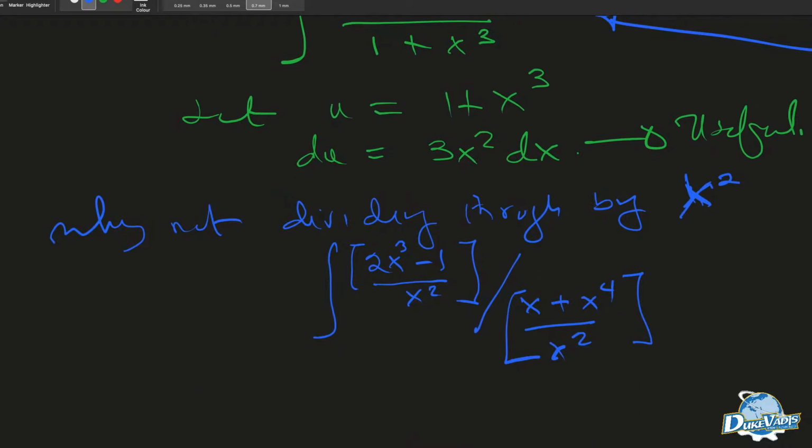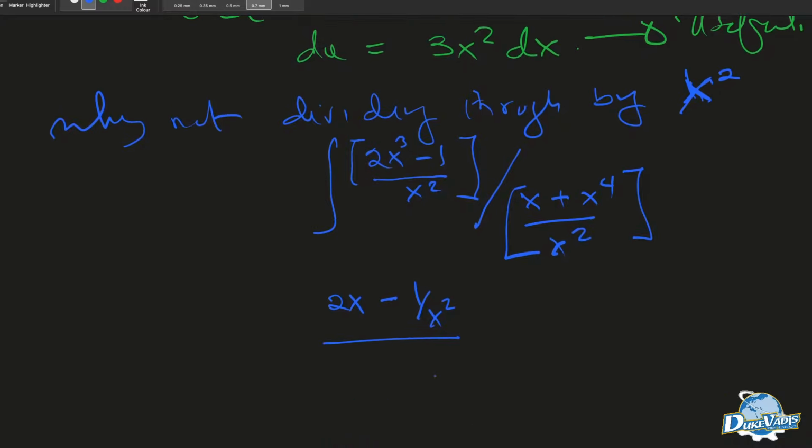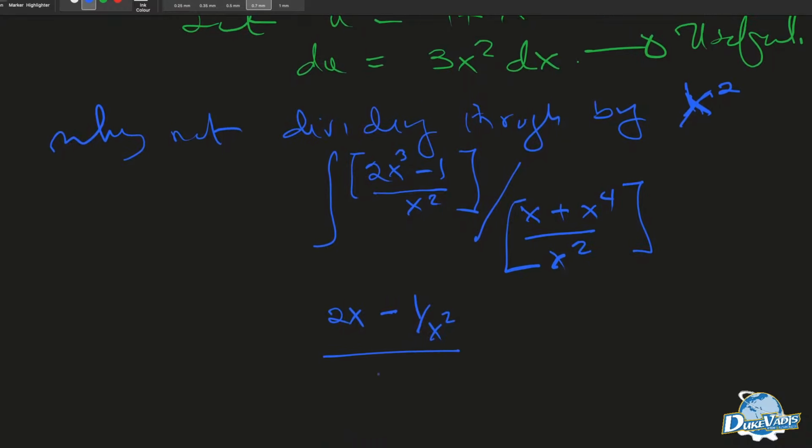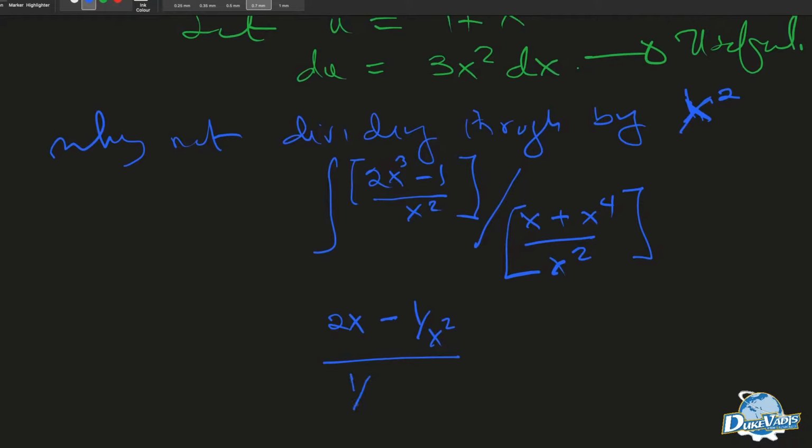When we do that, what we are going to get is the integral of (2x minus 1 over x squared) all over (1 over x plus x squared).